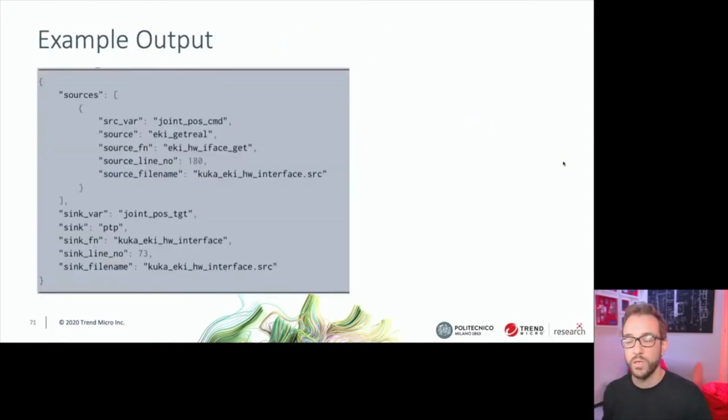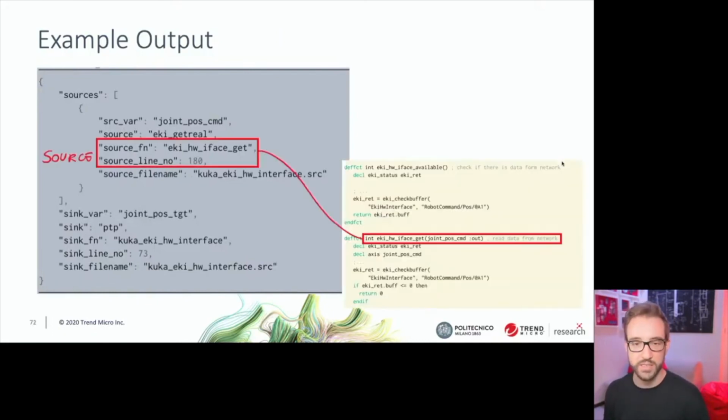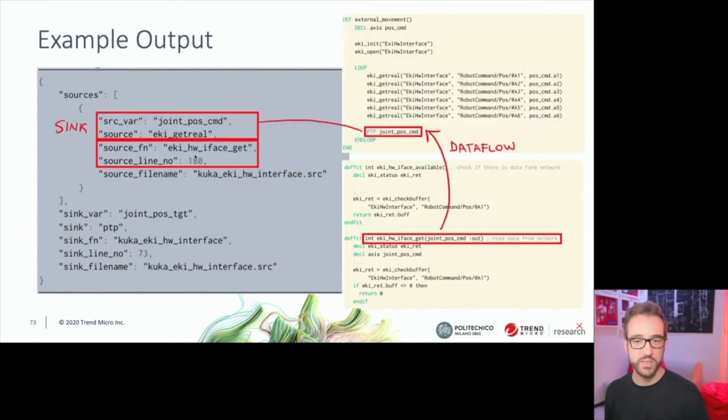As an example, I want to show you briefly the output. It's a simple JSON file that tells us that the tool has found a sensitive source that is connected to a sensitive sink. This brings back the first example I gave you of the motion server. Here we have data coming from the network that, in another function, in another file, and so on, is used to influence the movements of the robot.